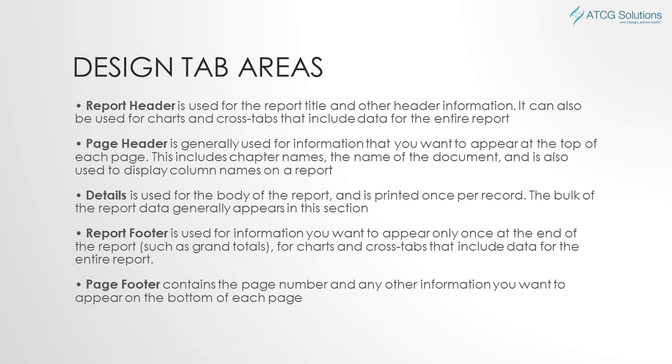Details is used for the body of the report and is printed once per record. And the report footer is used for information you want to appear only once at the end of the report. And the page footer is like a page header, containing a page number and any other information you want to appear on the bottom of every page.